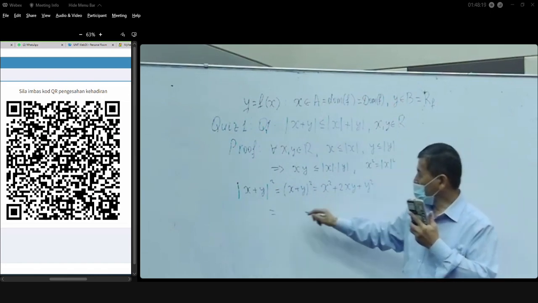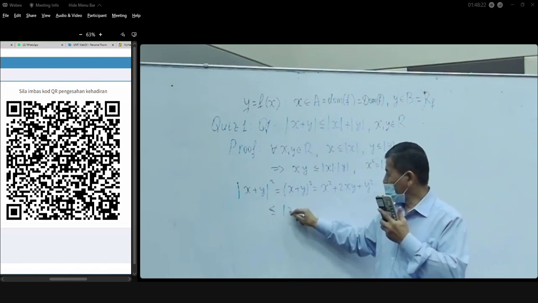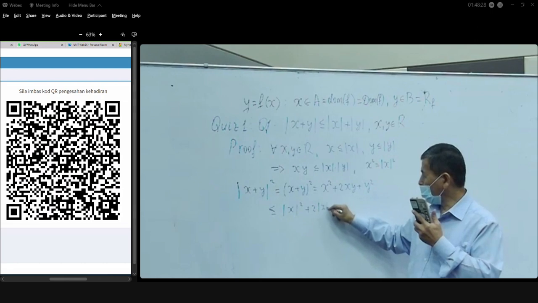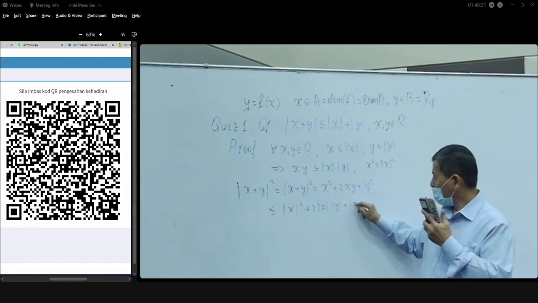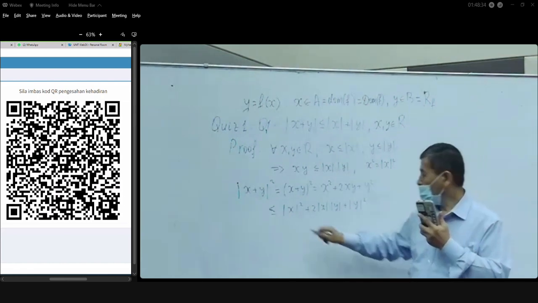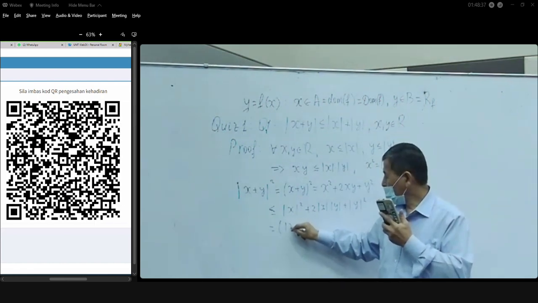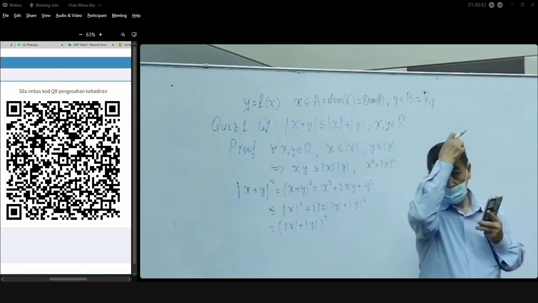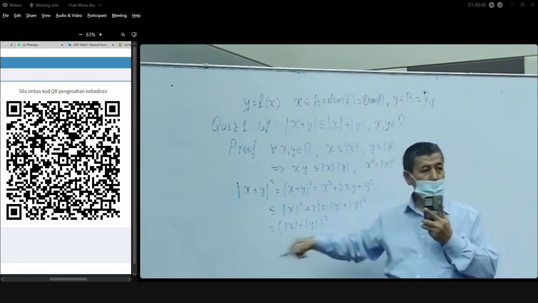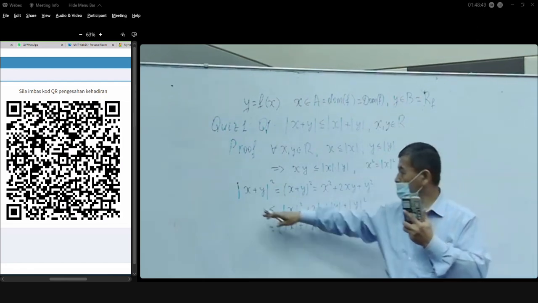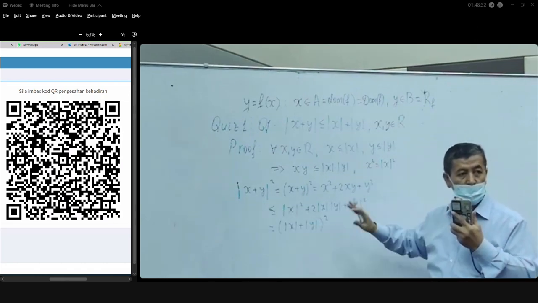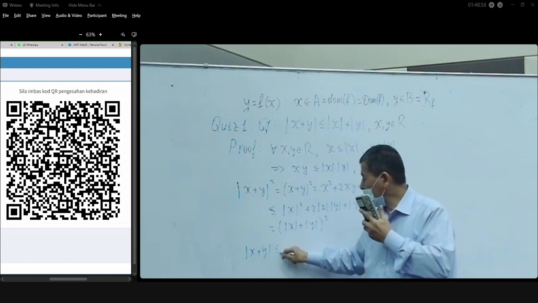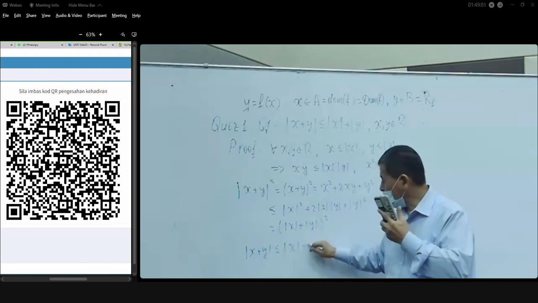Next, absolute value of x square equals x square, plus 2 absolute value of x times absolute value of y, plus absolute value of y square. So now (x plus y) square is less than or equal to that. Taking the square root from both sides, because this is positive, I get absolute value of x plus y less than or equal to absolute value of x plus absolute value of y.